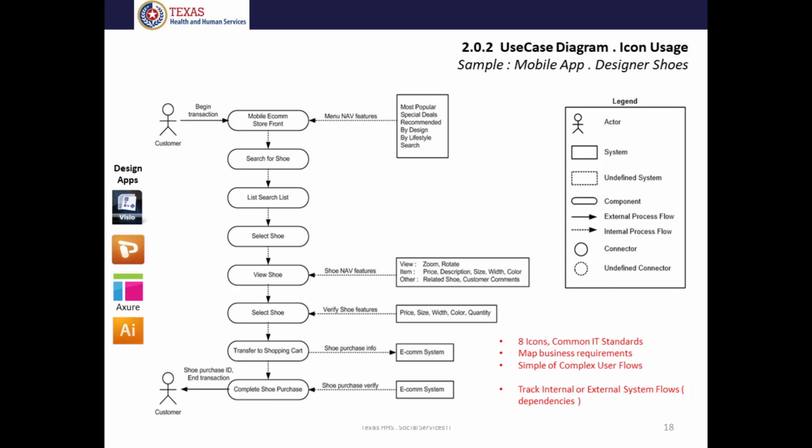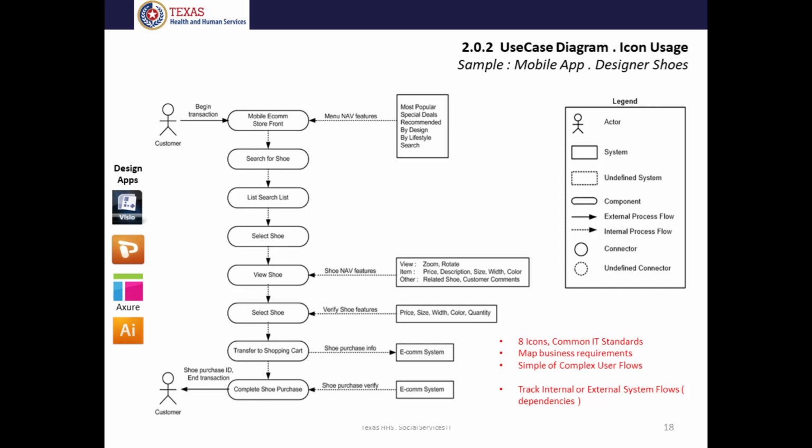Nevertheless, depending on the extent of the task at hand, use case diagrams are flexible enough to map simple to complex user flows, along with tracking internal or external system interactions. Really, the sky is the limit, to use techno jargon, in how much detail you want to record in this artifact. Thus, give IT stakeholders a heads-up notice to anticipate what database, network systems, or other web app dependencies will emerge from this design collaboration.